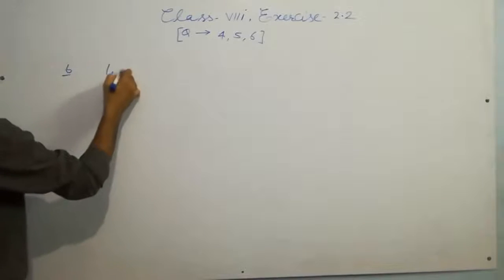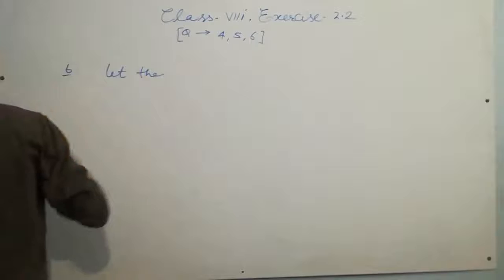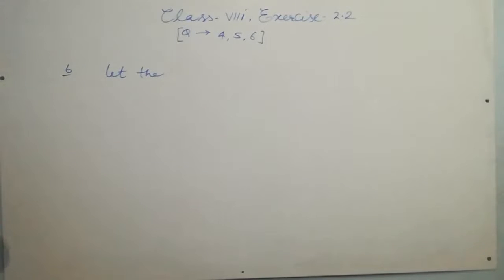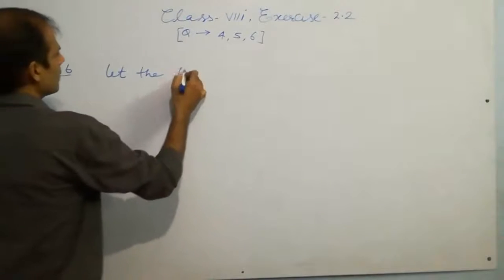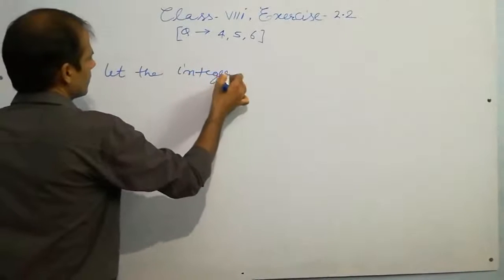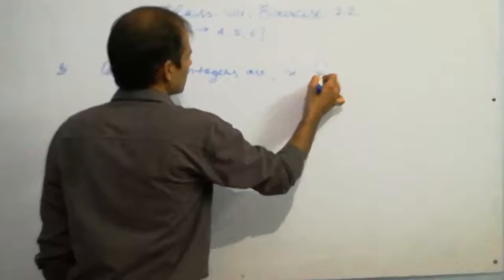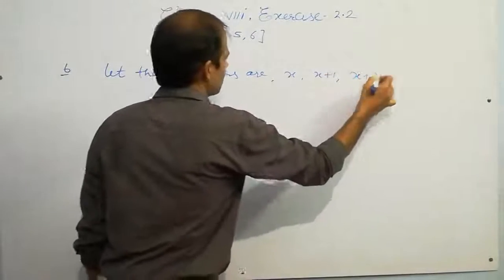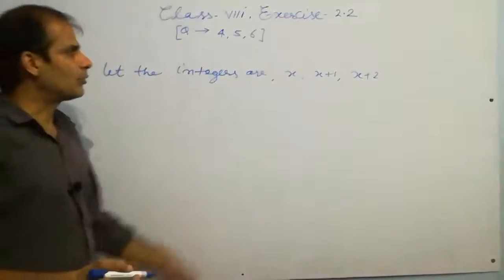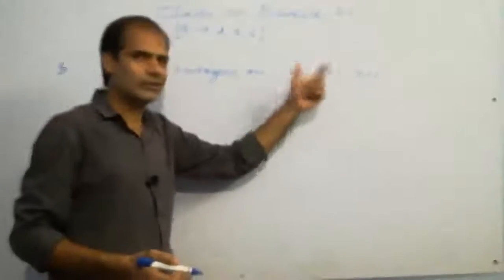Let the three consecutive integers be x, x plus 1, x plus 2, obviously. So I tell you why I have written this.